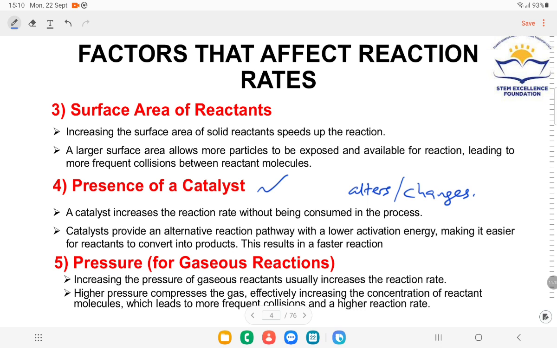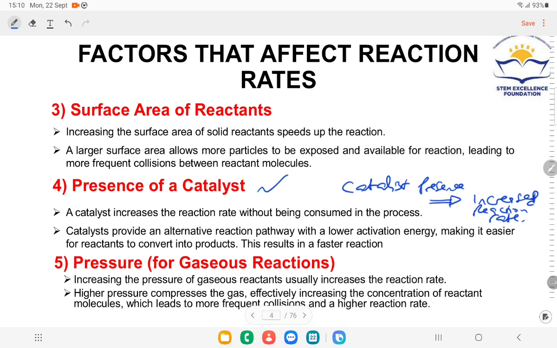By alters or changes, it means it can decrease or it might increase. But for our intents and purposes, we shall say that catalyst presence translates to increased reaction rate. That's what we're going to say.